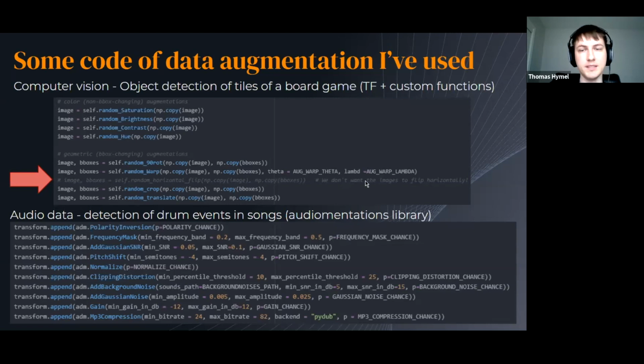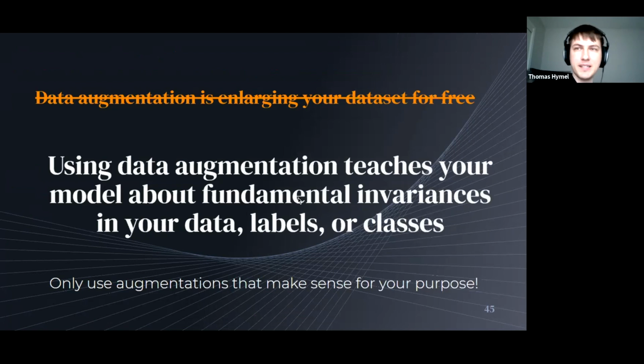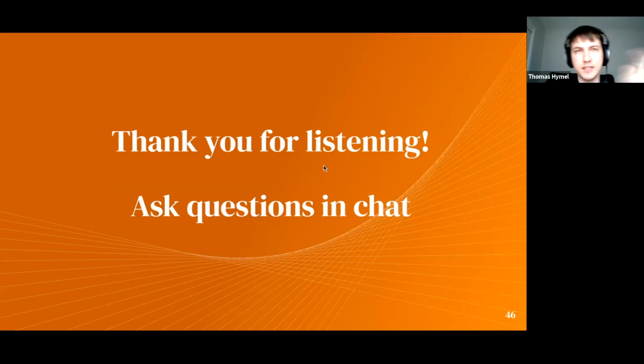Notably, I didn't want to teach it the left-right symmetry because it had text on the tiles, so I didn't want it to learn that symmetry or that invariance, as well as I have an audio data project that's trying to detect drum events in songs, and so here's a bunch of different augmentations for audio that I've used. Okay, again, using data augmentation teaches your model about fundamental invariances. So thanks for listening, and you can ask questions in this chat.